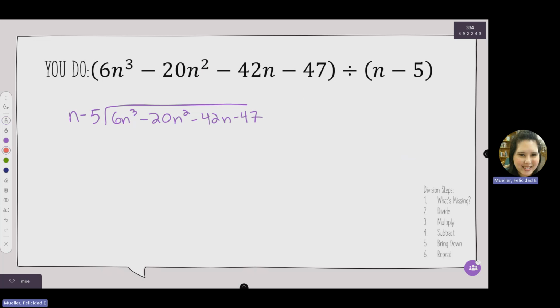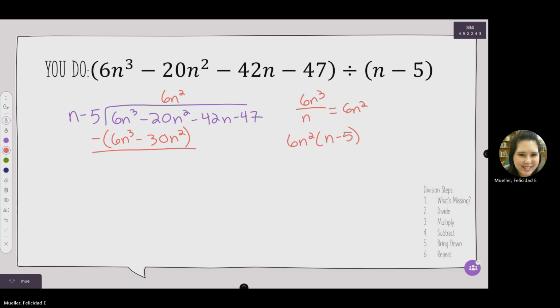So we're going to do 6n cubed divided by n, and we get 6n squared. So again, we're going to do 6n squared times n minus 5. And we're going to get 6n cubed minus 30n squared. And again, we are subtracting that.